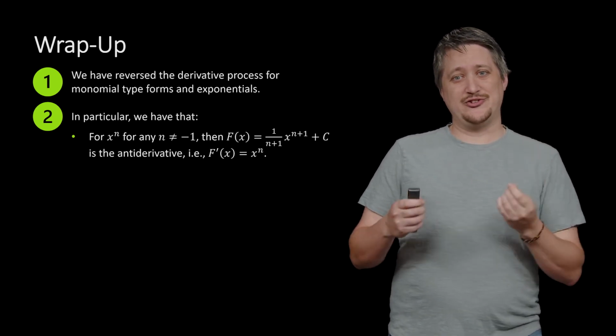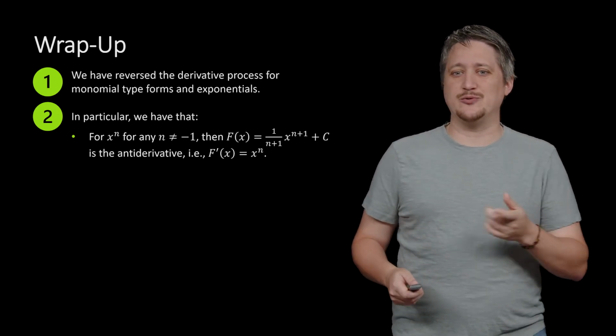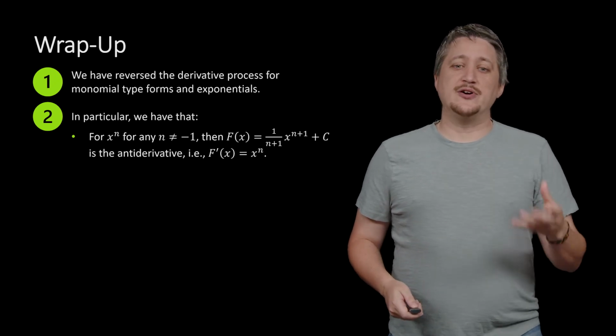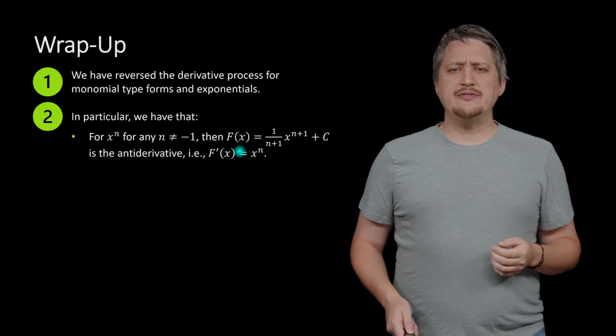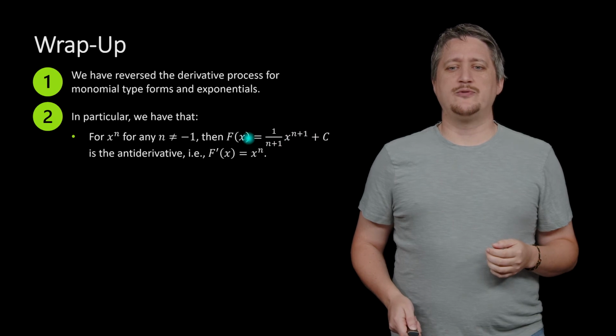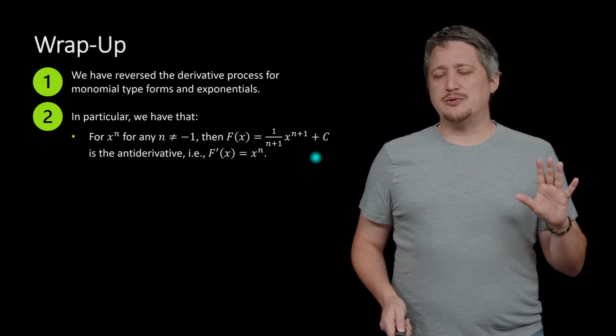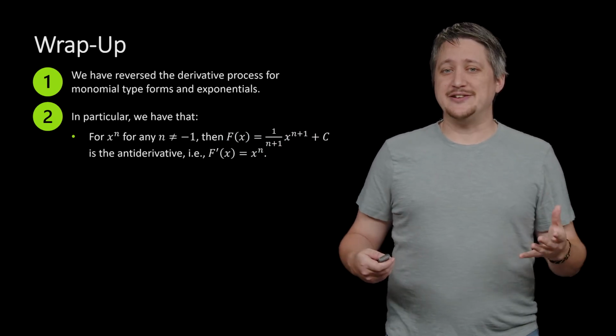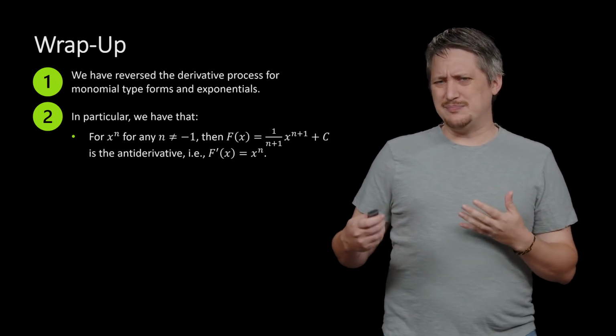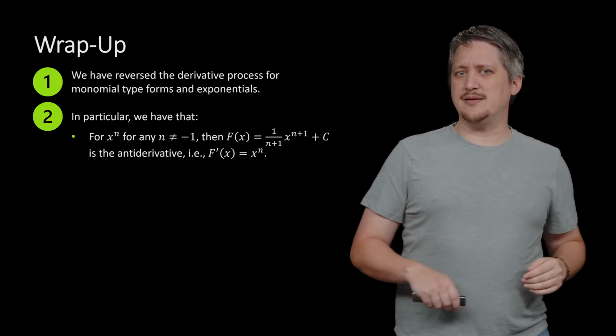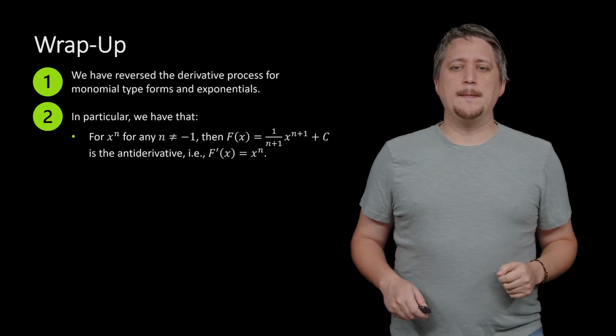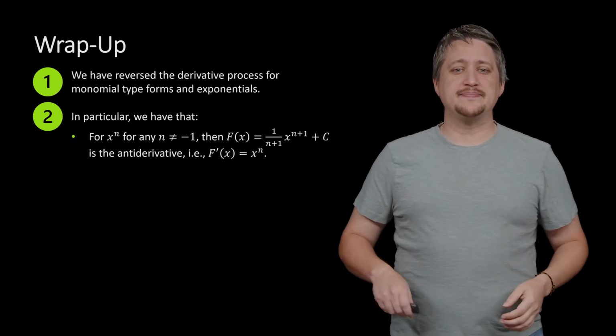Including negatives, just not -1 specifically because of this weird form we get. So as long as it's not -1, then we have this nice antiderivative form, or what would be referred to as the class of antiderivatives, which has to do with that plus c, and we'll get into that more in a separate piece.